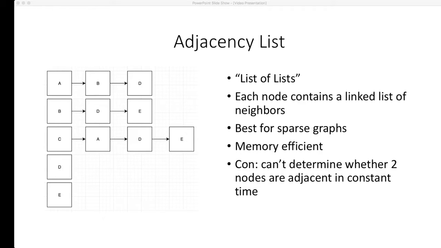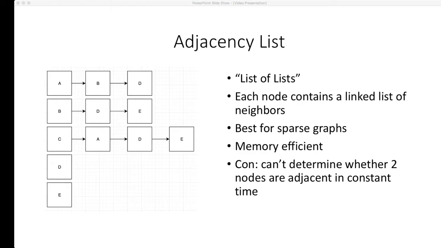So the picture on the left is a visual representation of what an adjacency list looks like. It's a list of lists, meaning that it's a list of all the nodes in the graph, and each node in the graph is tied to another list which contains all its neighbors or nodes that are adjacent to it. It's best for sparse graphs or graphs that don't have many connections.